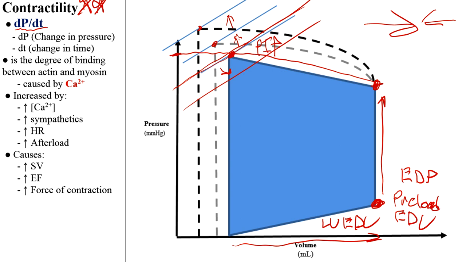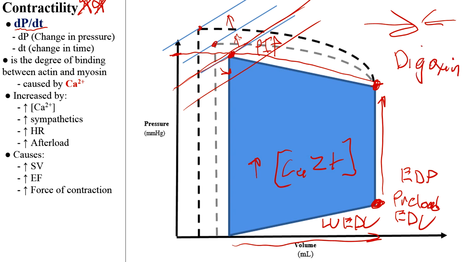We can do that a lot of ways. There's sympathetics. The sympathetic nervous system increases contractility by increasing calcium concentration. So remember these brackets mean concentration. We talked about the medication cardiac glycoside, which is a class of drugs in which the one that's used the most is digoxin.